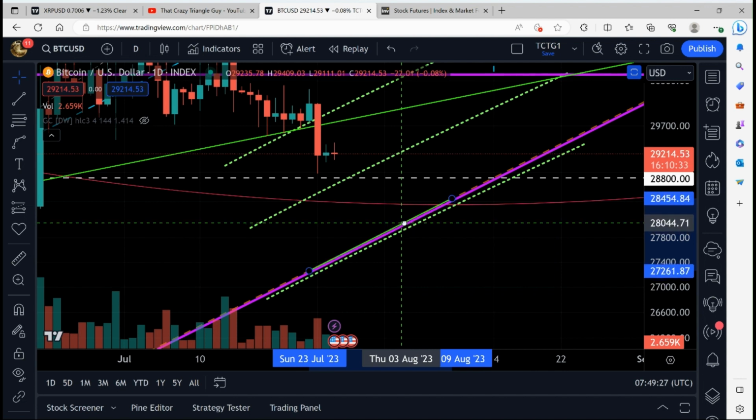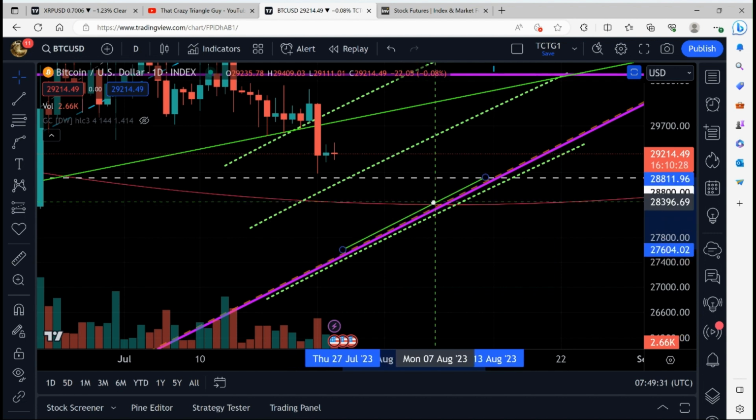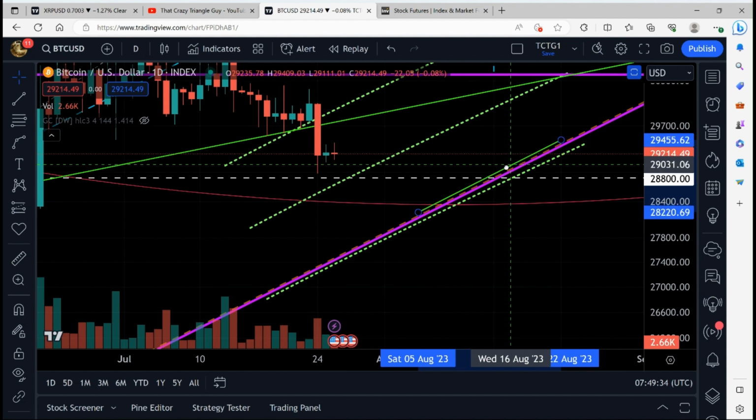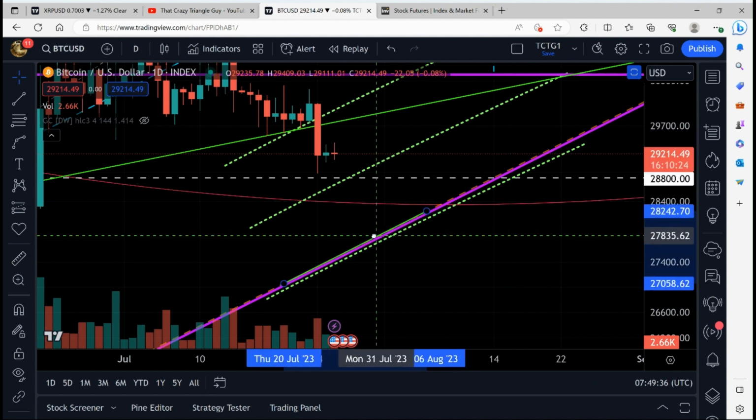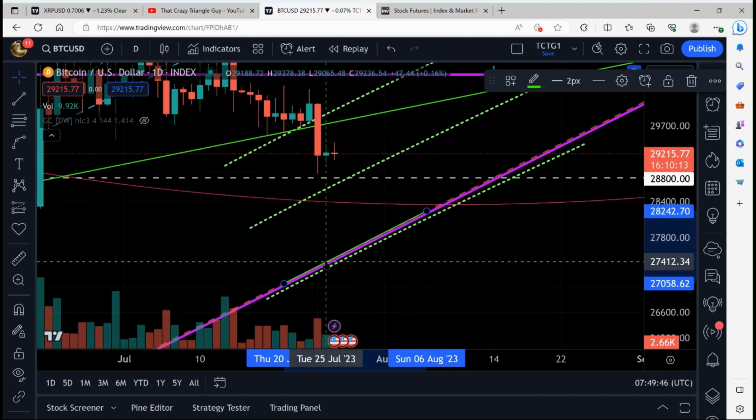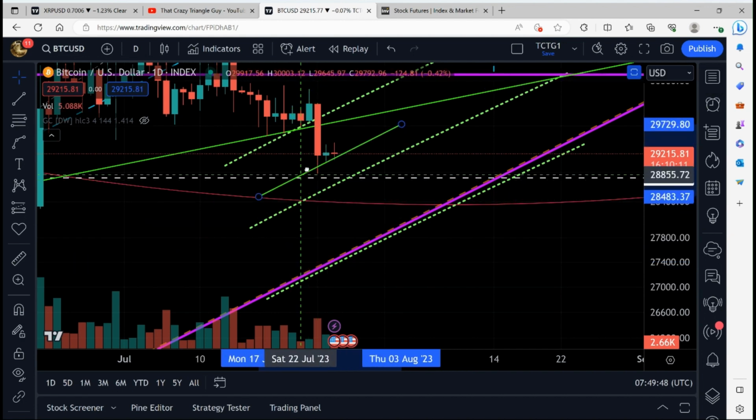And I've also constructed a parallel channel, which is that dashed line, to coincide with the purple trend line. So anyway, let me put this back where I found it, up here.